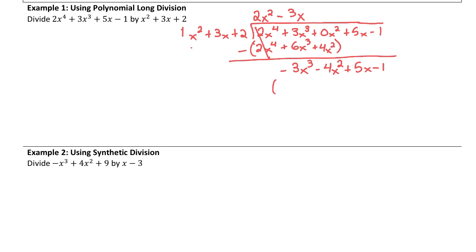So then I go through my steps of distributing negative 3x through my polynomial. Negative 3x times 1x squared is negative 3x to the third. So if you're doing this right, the first term by this next term we write should always be able to cancel, basically. Negative 3x times 3x is negative 9x squared. And then negative 3x times 2 is negative 6x.